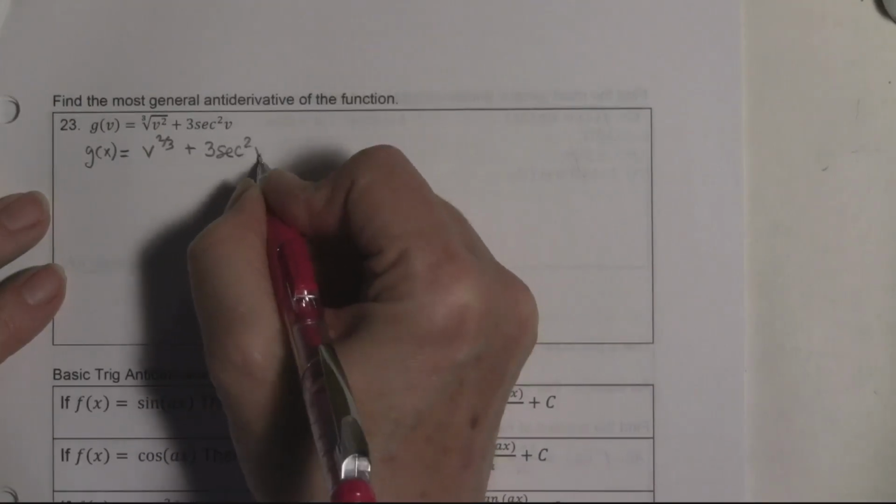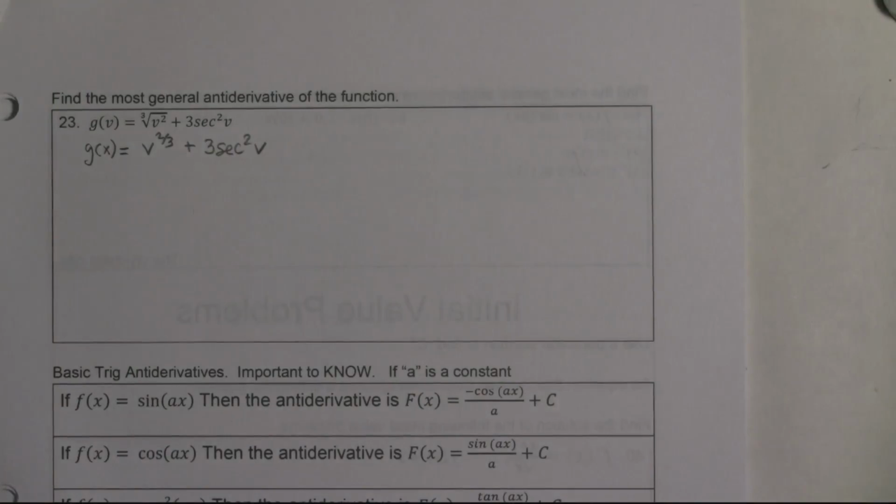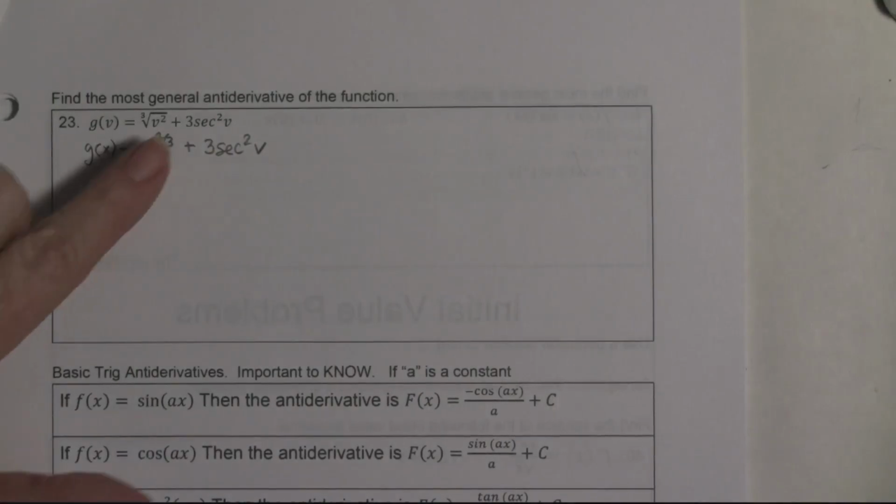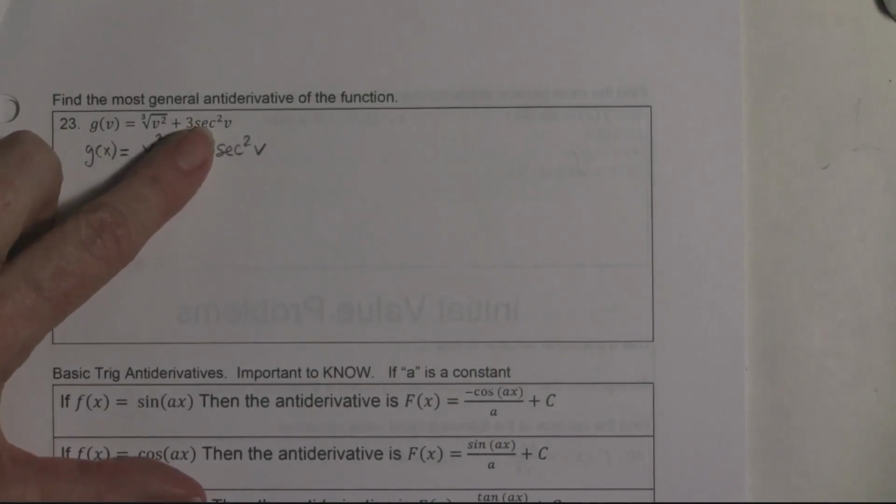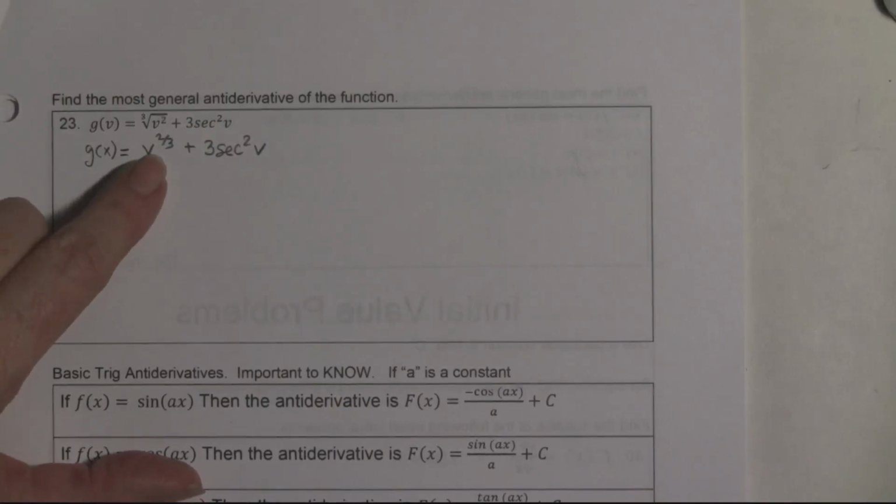I know the constant 3 will just hold still, and then I want to take the antiderivative of secant squared. So can you think of something that when you find the derivative of it, you get secant squared? Because I know this one here, add 1 and divide by the same thing, right? That's going to be the story on there.